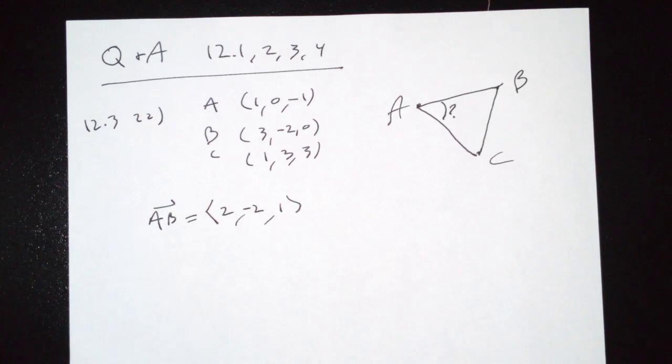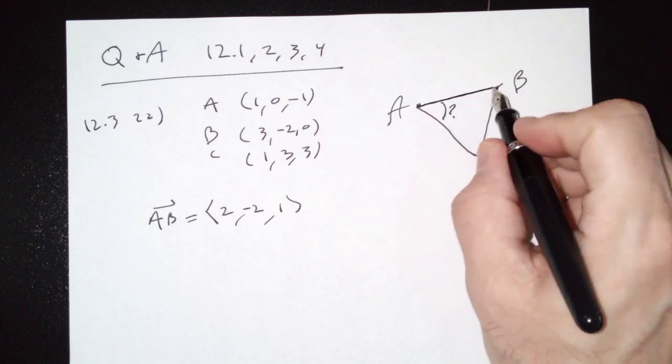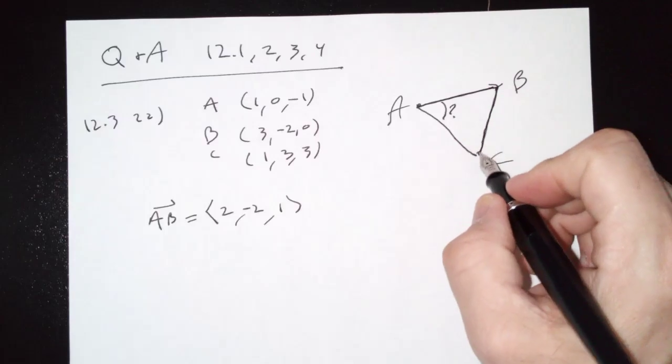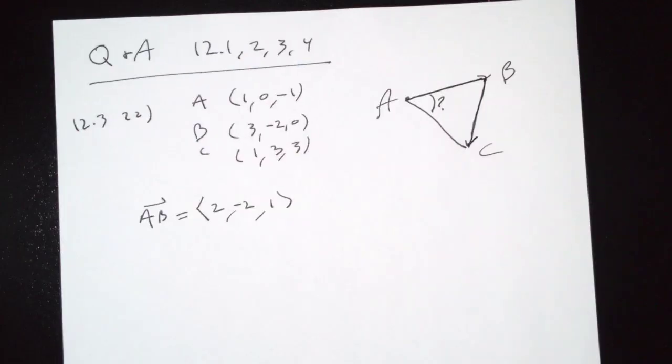Okay, well, there's one arrow. To get an angle, I need another arrow. What's your next arrow? Here's the problem. If I do AB and BC, when I go to find the angle between those, I have to make a copy of one vector and put it so it has the same terminal point as the other.